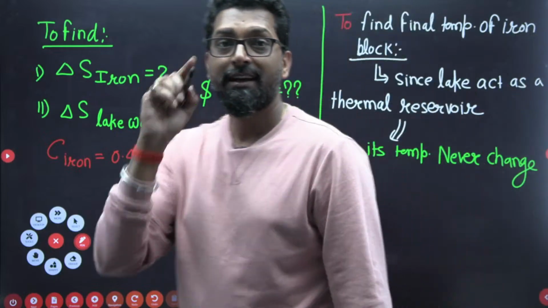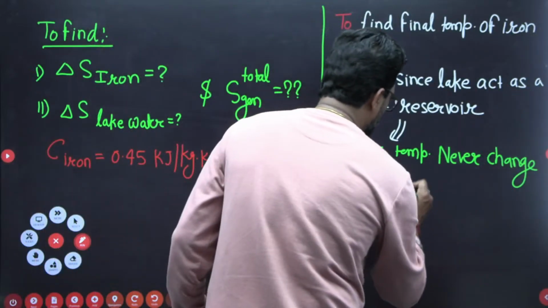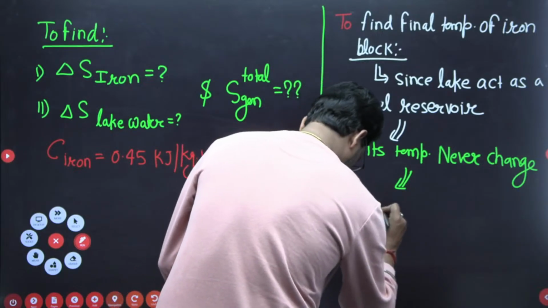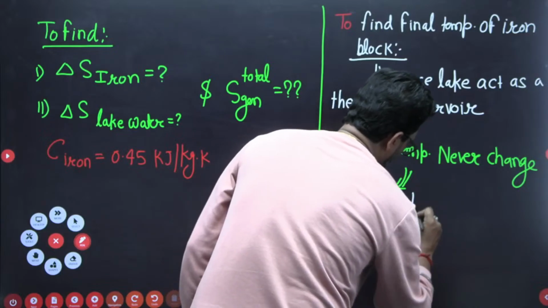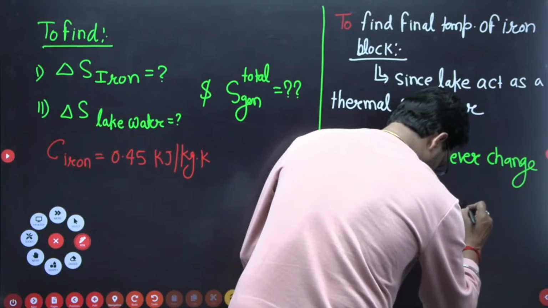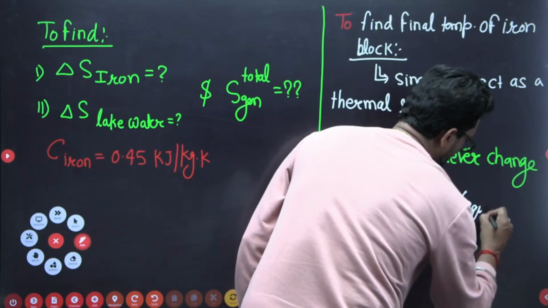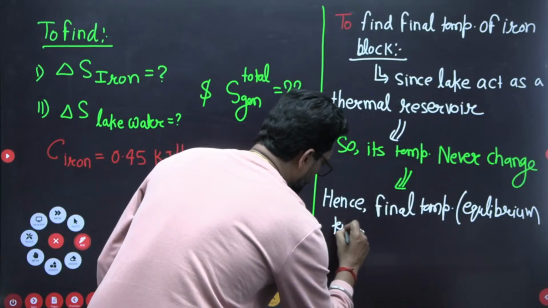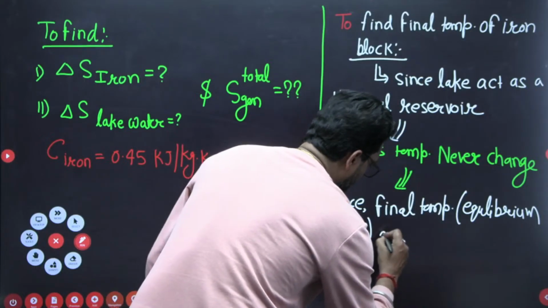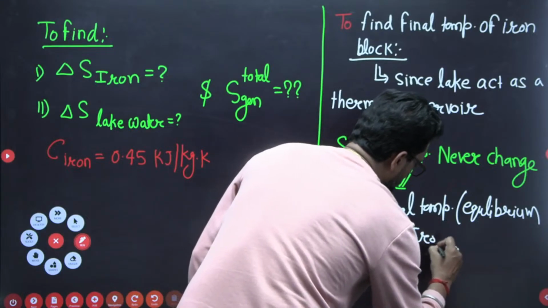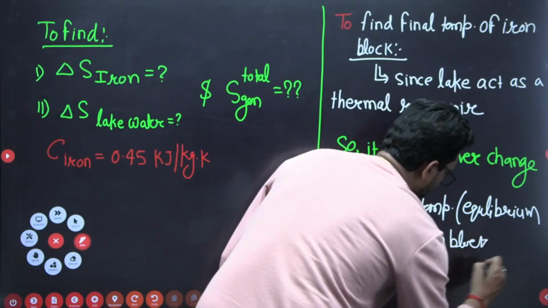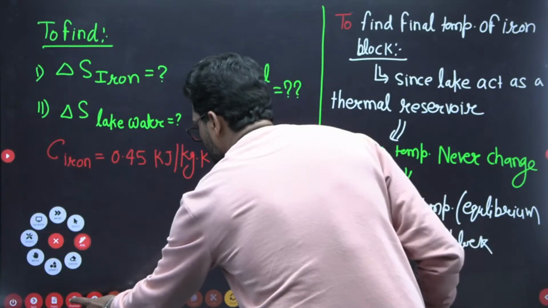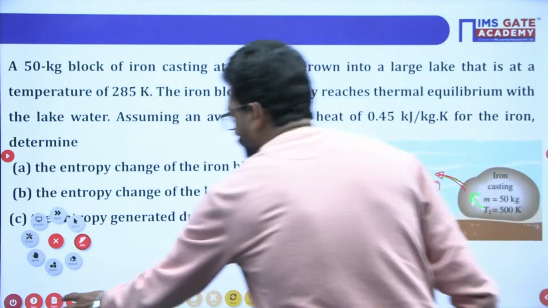Hence the final temperature, that means the equilibrium temperature of the iron block, T2 is equal to 285.